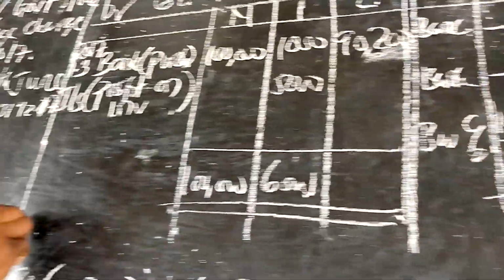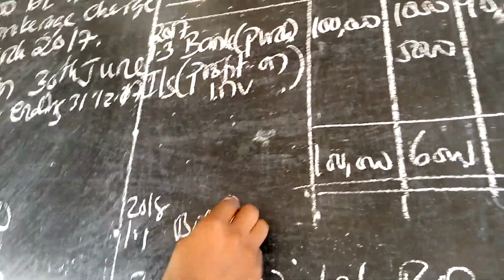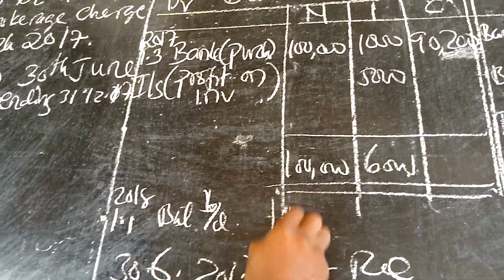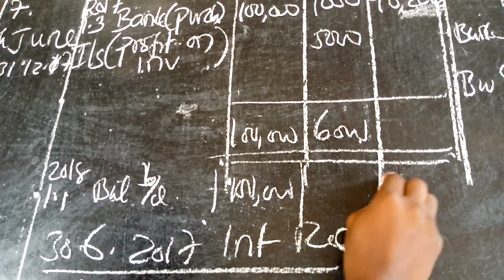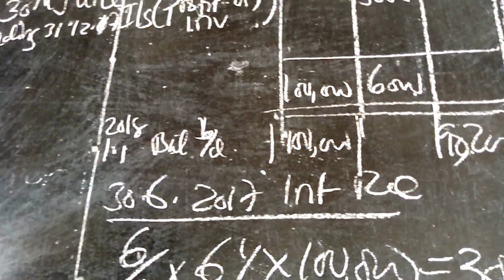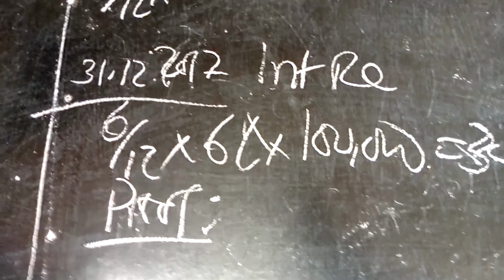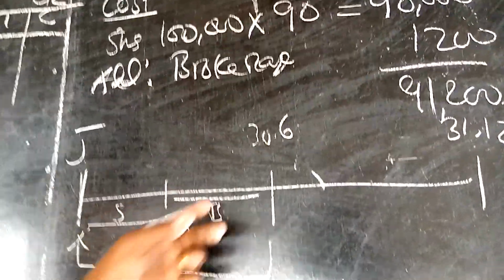When you go to the next year, 2018, the balance will be the same as balance brought down, 100,000 here and 90,200 there. To prove that we didn't receive more than we were supposed to receive, from March up to December is 8 months.